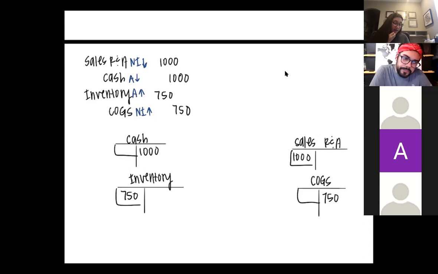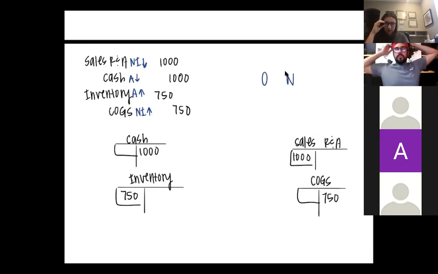So in terms of assets, this should have been decreased by 1,000 and then increased by 750. So net should have been decreased by 250. So our assets are overstated. Nothing happens to our liabilities in this case. And then in terms of net income, it should have been lowered by 1,000, but then increased by 750. So net should have been lowered by 250, which means our net income is overstated. Is that good on that one?